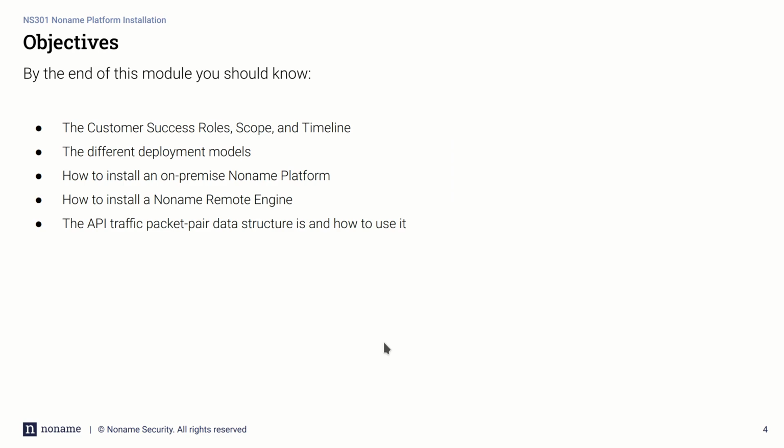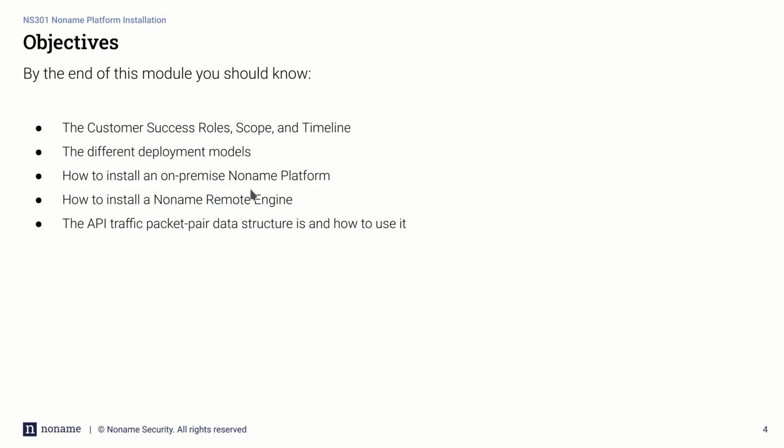And what are the main objectives? Well, I'd like to have a brief discussion, actually in the next section, about the customer success team, its roles, its timeline, the scope, and so on. Okay. We'll talk about the different deployment models, and then we're going to go ahead and install the no-name platform. Once we install the no-name platform, we're going to provision a remote engine.